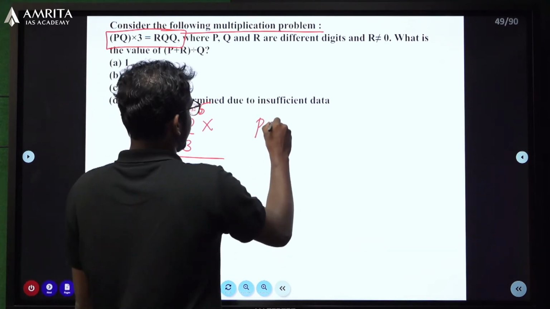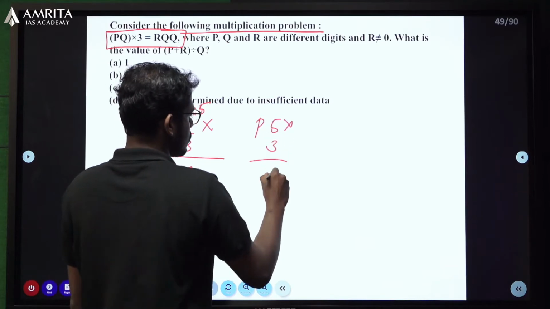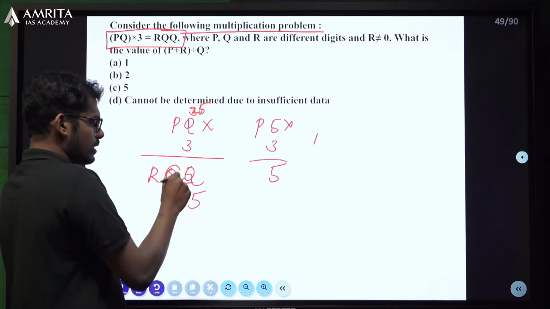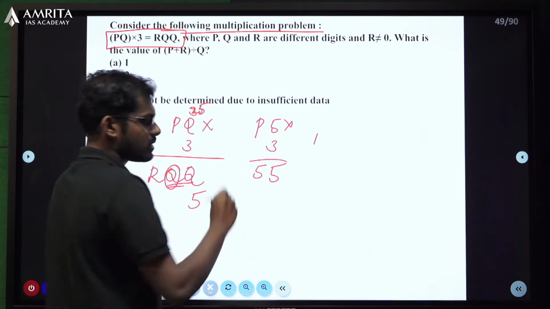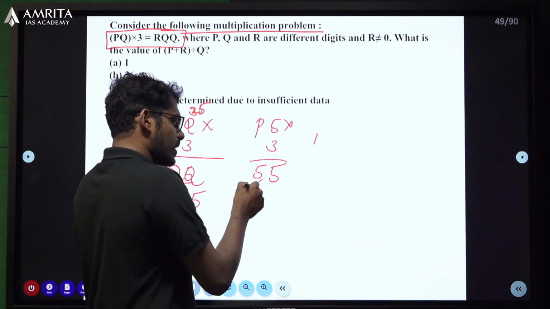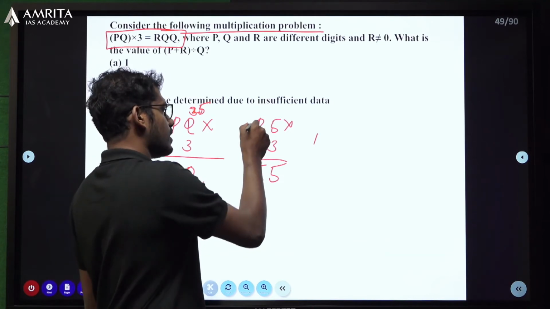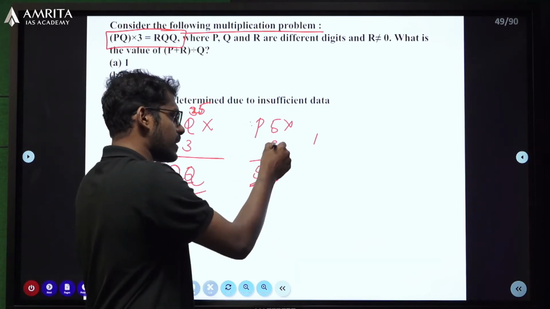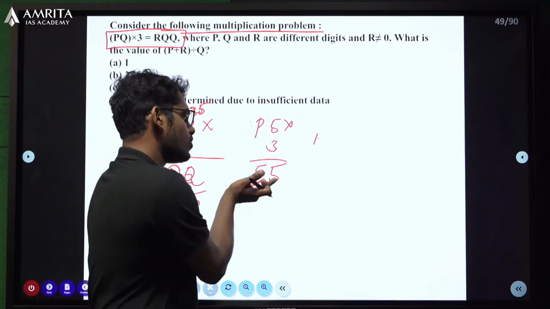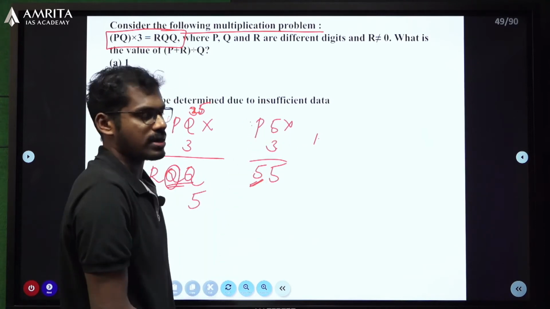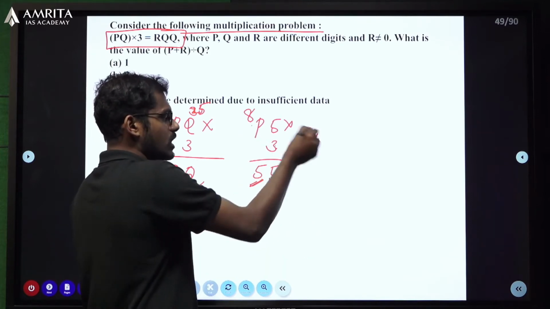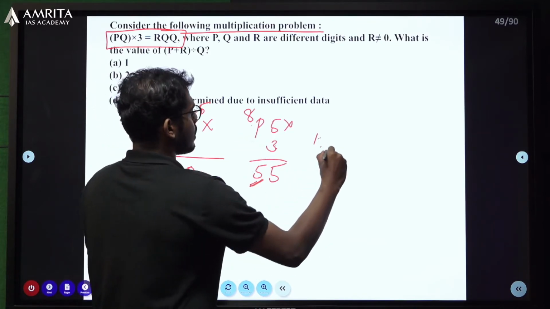So, Q is 5, 5 into 3 is 15, 5, remainder 1. Here, the tens place also contains the digit 5. So, if the tens place is to be 5, then the value of P, because P is multiplied with 3, added 1, and the unit place of this product should be 5. So, the number might be 8, because 8 into 3 is 24, 24 plus 1 is 25, 5, remainder 2.